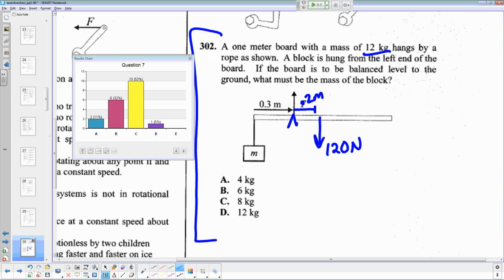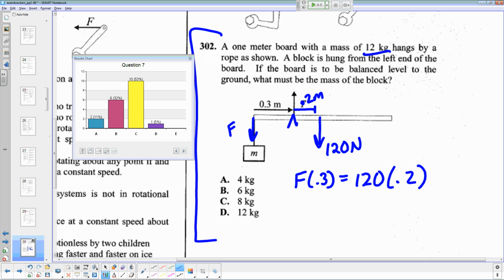All right, and now I want to figure out, well, what is this force over here? So I have F times 0.3 should equal 120 times 0.2. All right, just balancing out the torques. The torque on the left-hand side has to equal the torque on the right-hand side. You know, in class we did this whole clockwise, counterclockwise business, but I'm not sure that's terribly useful for you to do.